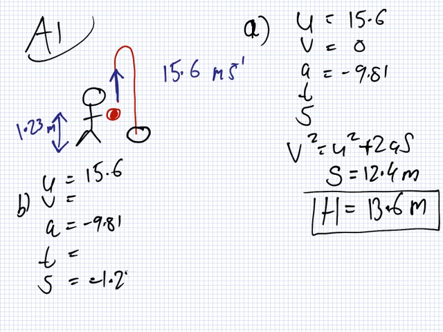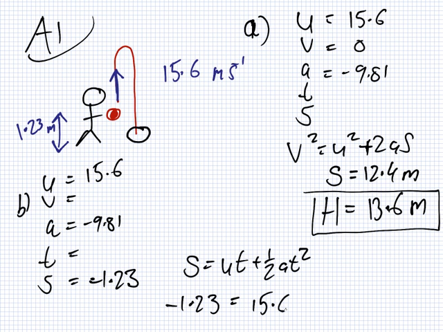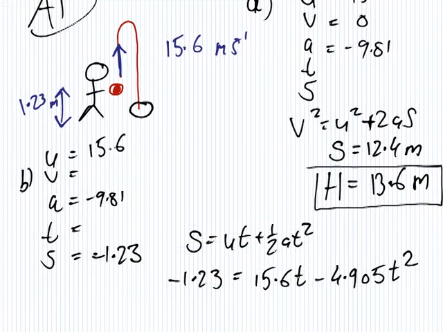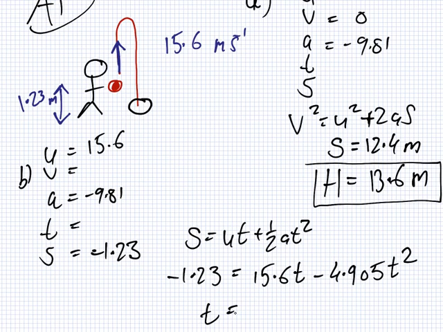Minus 1.23. So we have S equals UT plus a half AT squared. Minus 1.23 equals 15.6 T minus 4.905 T squared. So we can solve this for T easily.